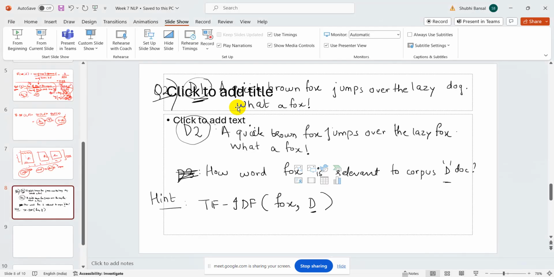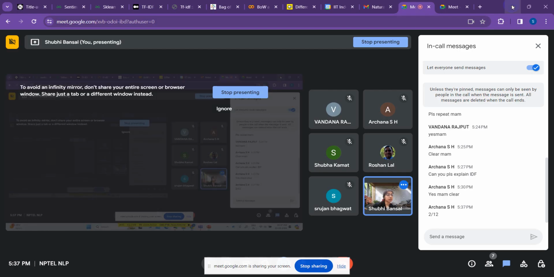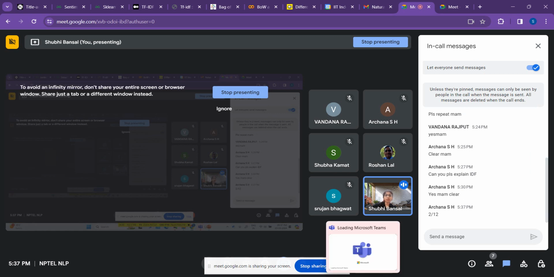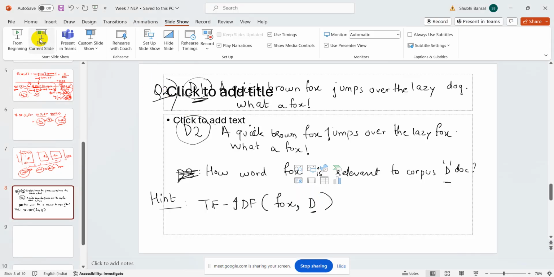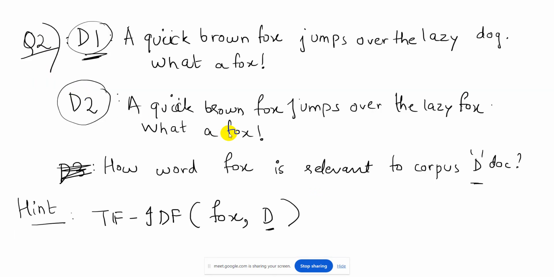Please raise your hands. 2 by 12. Okay, good. Very good. Similarly, calculate for the second document also, the TF of the word fox in the second document. And then I'll help in calculating IDF, and then we will see how the word fox is relevant to the corpus D documents.